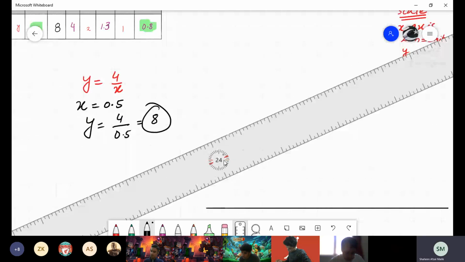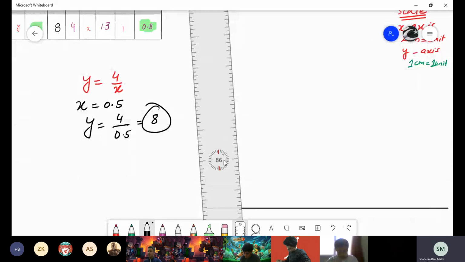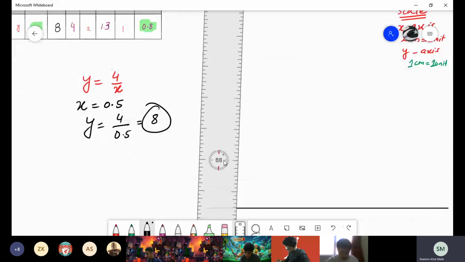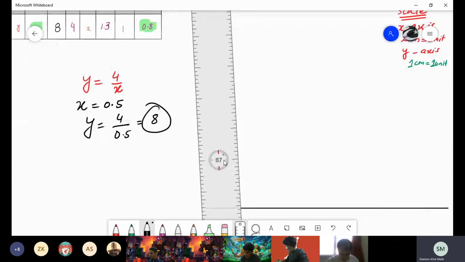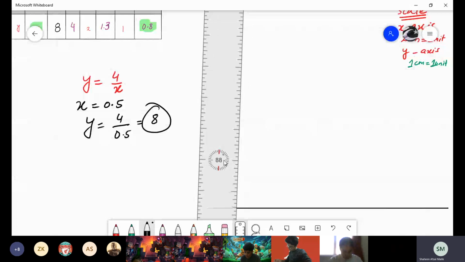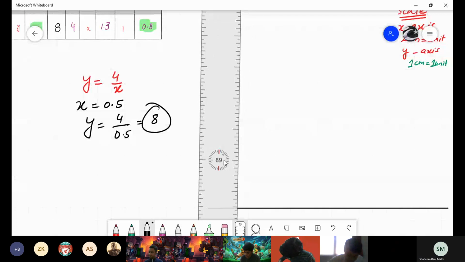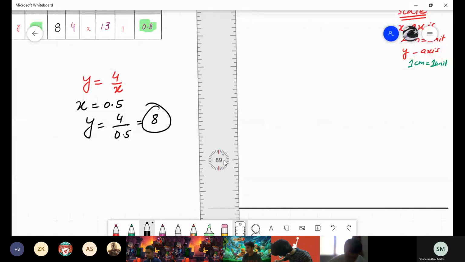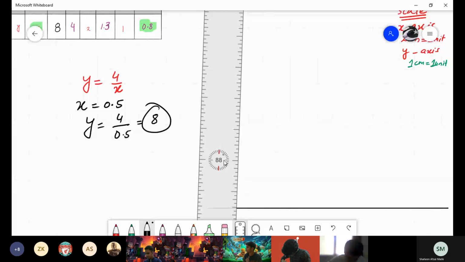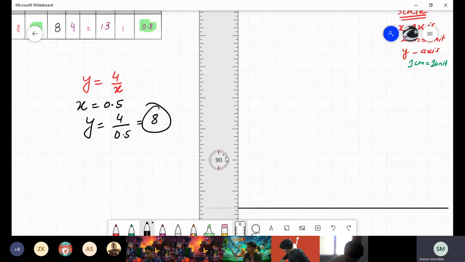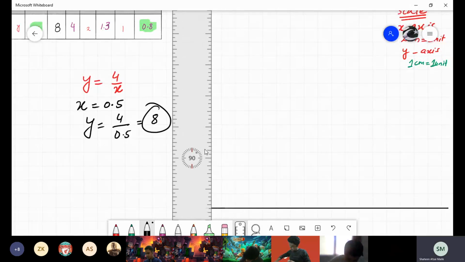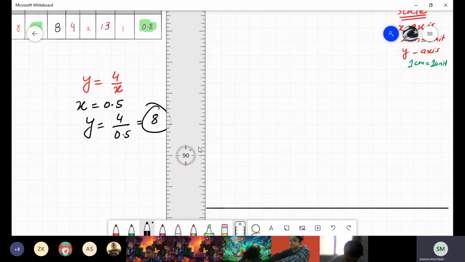Now we have to go for the y-axis. That should be exactly at 90 degrees. So boys, we have to draw the y-axis from this point.